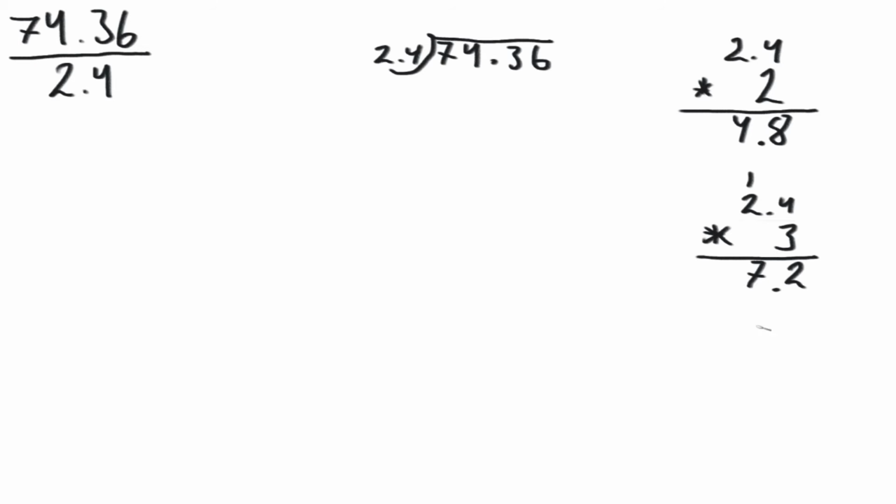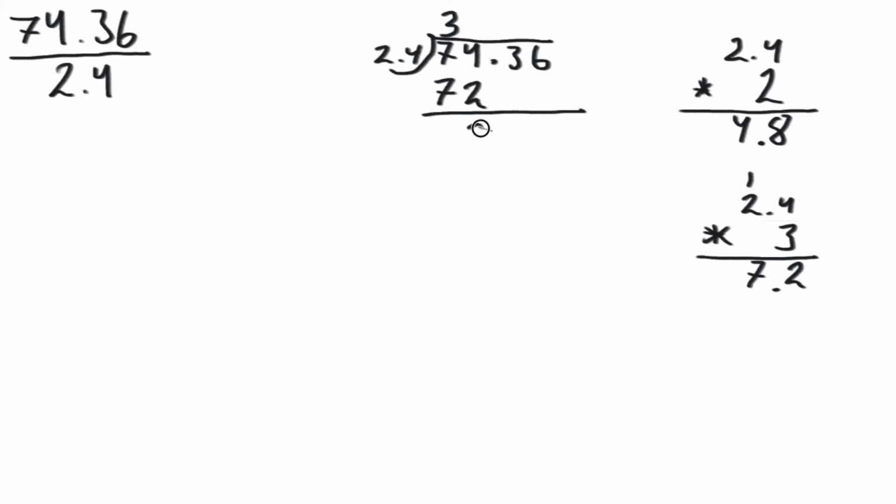So 7.2 is pretty close to 7.4. And if we would add one more, 4 times 2.4 would be like 9.6. So that's too much. So we know that 3 times 2.4 is 7.2.